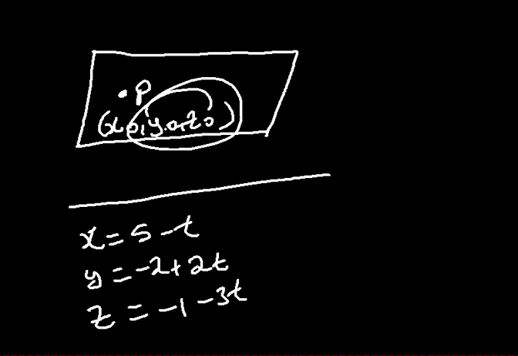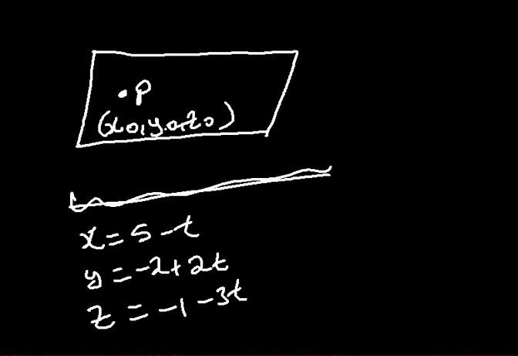Now, how should we have the equation of the plane if that is the case? We have a line which is parallel to the plane, and we have a single point on the plane.